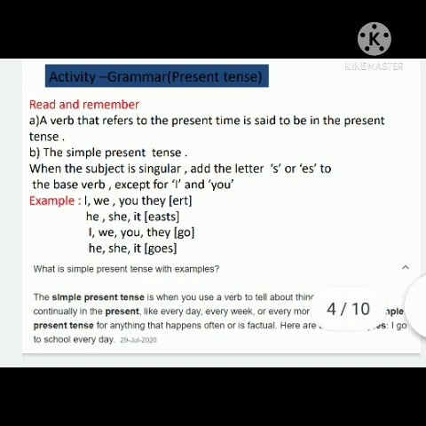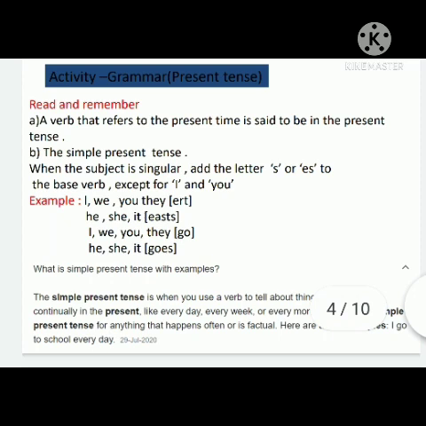For the verb, if the subject is in singular form, we have to add s or es to the verb, except I and you. I and you are singular also, but we should not add s or es for the subjects I and you.